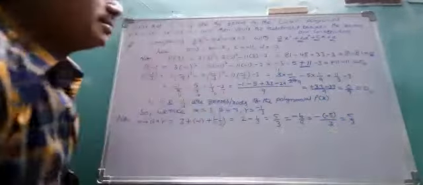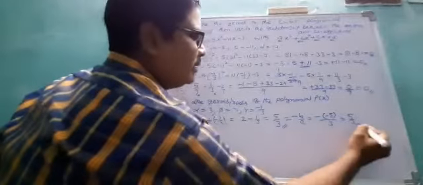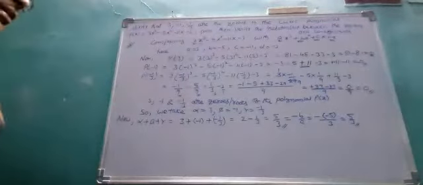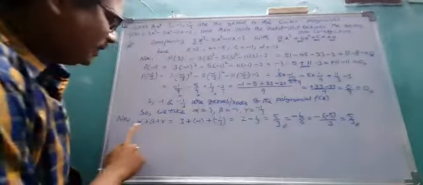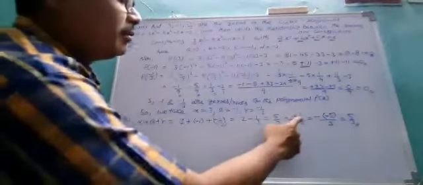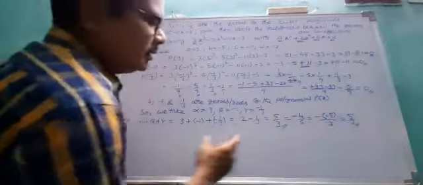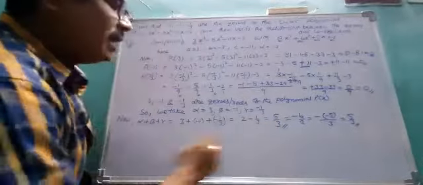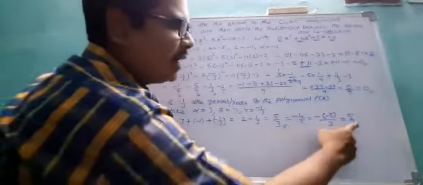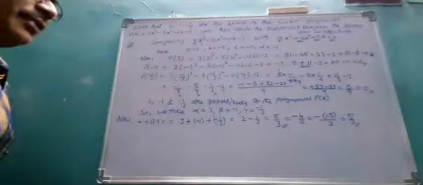You get the same answer. This is also 5 by 3, this is also 5 by 3. So that is the relationship between zeros and coefficients: alpha plus beta plus gamma equal to minus b by a. With the help of the zeros you get 5 by 3 as the answer. With the help of the coefficients you get 5 by 3 as the answer. That is known as verification.